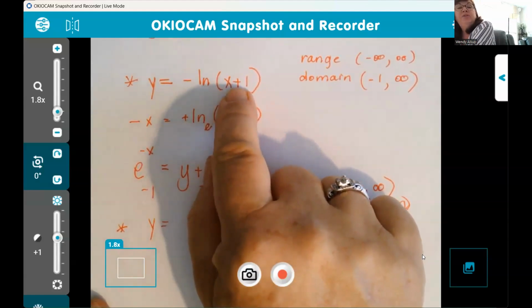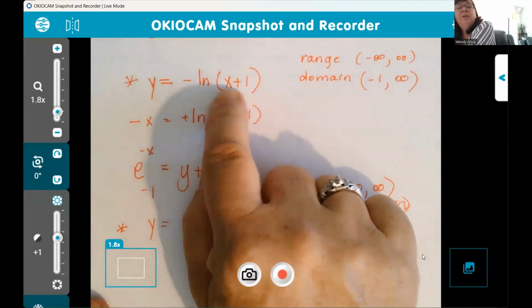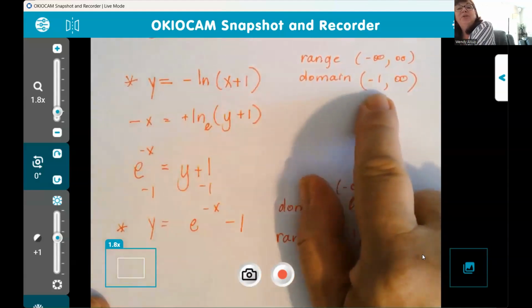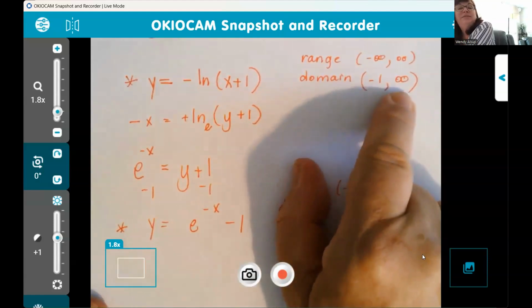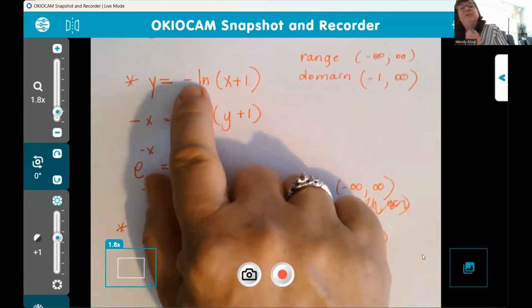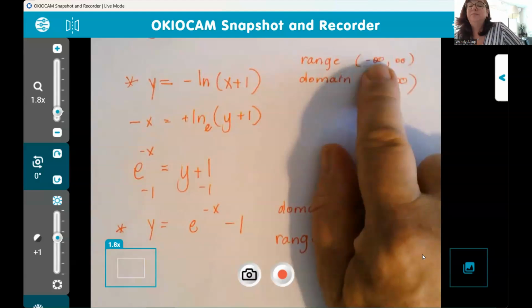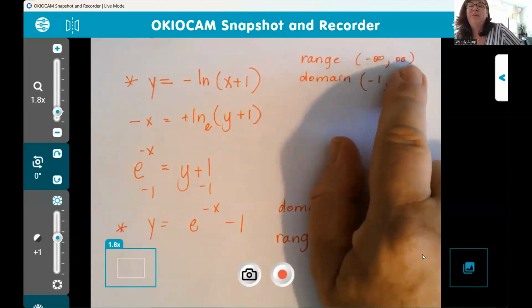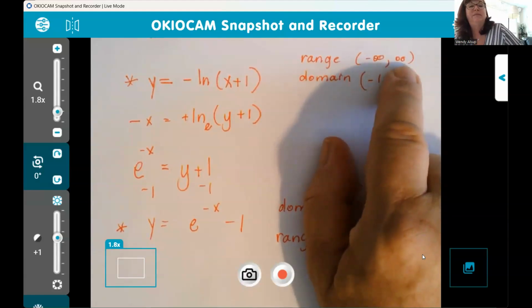So now for our domain, this x plus 1 has to be greater than 0, so x has to be greater than negative 1. Our domain is negative 1 to infinity. Our range is still negative infinity to infinity. Flipping it across the x-axis doesn't matter; you're still going from negative infinity to infinity.